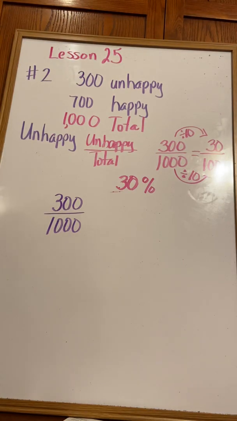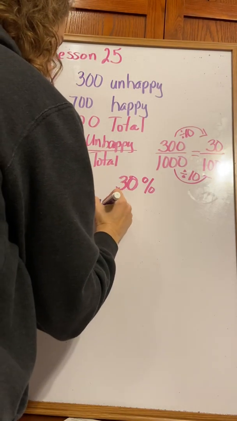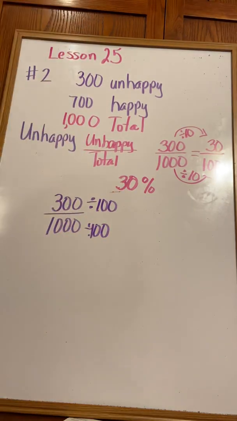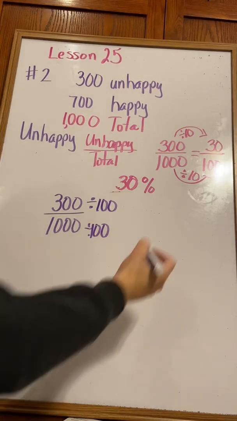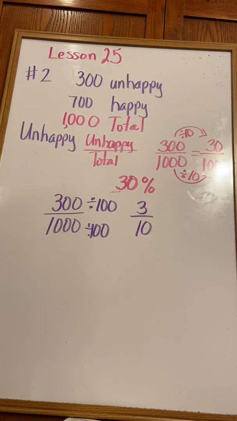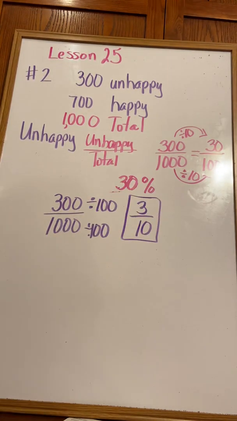What will go into 300 and 1,000? Well, a group of 100 will go into both of them. Whoops, there we go. Can divide 100 out of both of them, and that would give us 3 out of 10. So if I want to simplify my fraction, 3 out of 10 employees were unhappy, and 30% of my employees were unhappy.